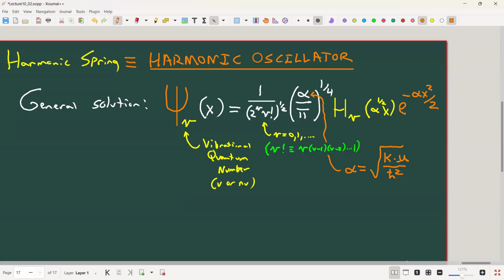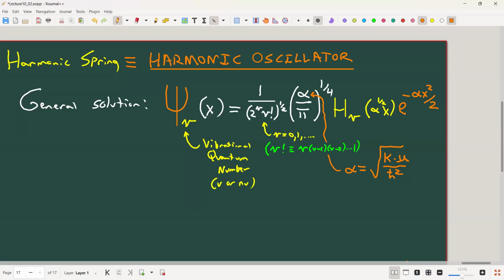Again, the only thing the wave function depends on, other than position, is v, the force constant, the stiffness, and the mass. Nothing's changed, it's just that the function is not a sine wave anymore. But it depends on the same things that the classical function depended on.